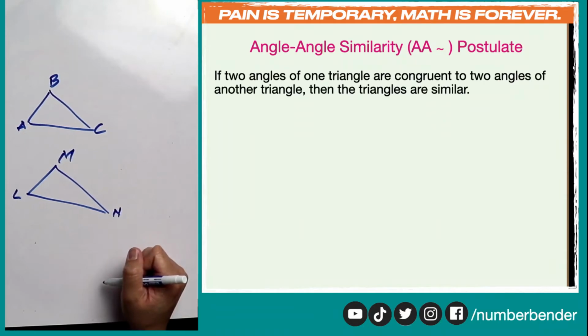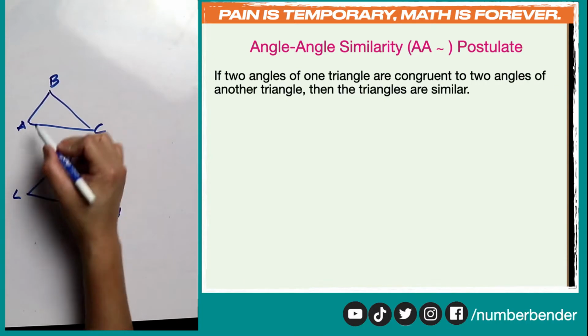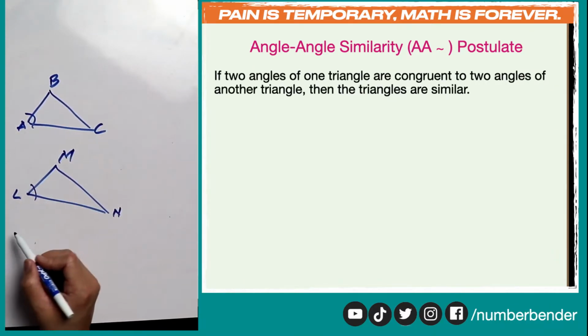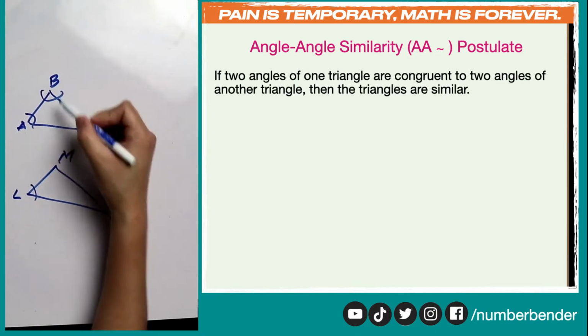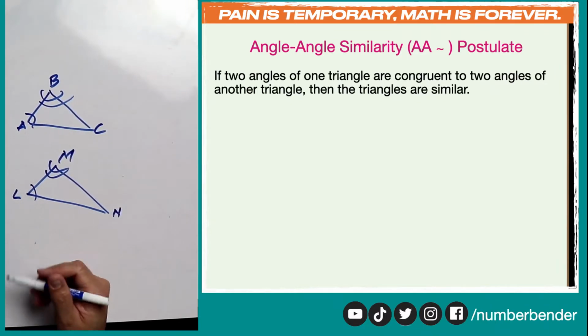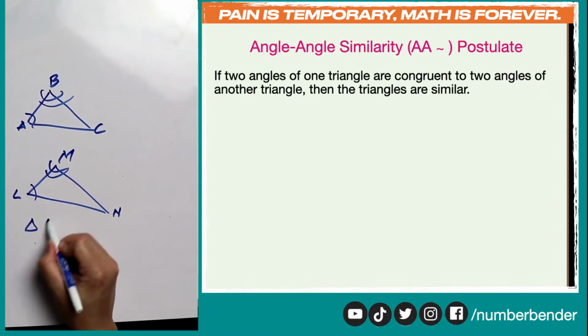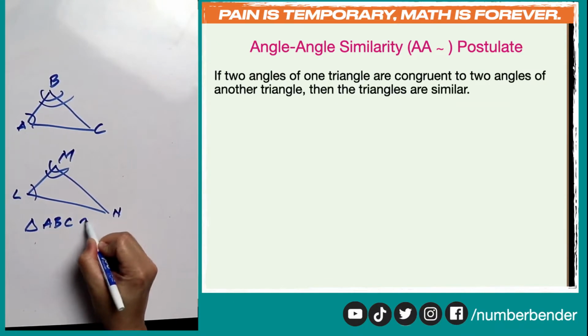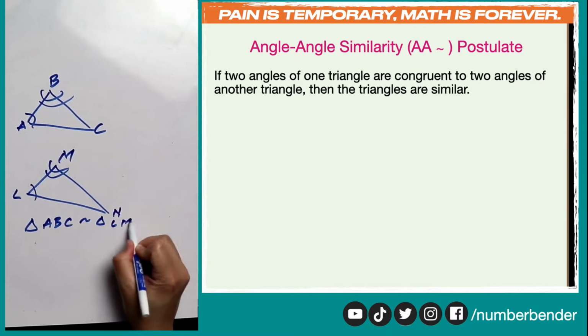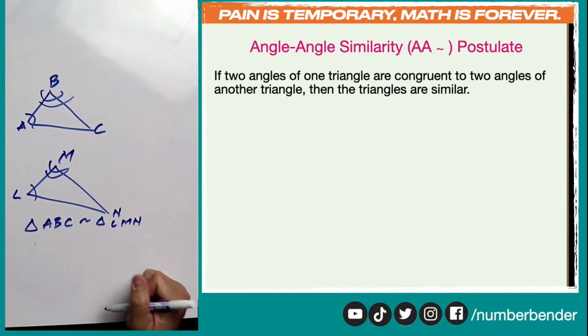If we have two corresponding angles that are congruent, let's say angle A corresponds to angle L and they have the same measurement, as well as angle B and angle M, they share the same measurement, therefore triangle ABC is considered similar to triangle LMN using the angle-angle similarity postulate.